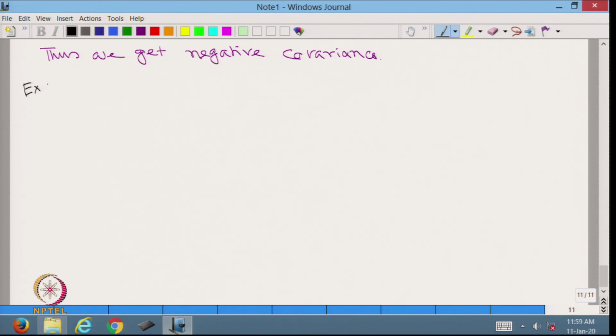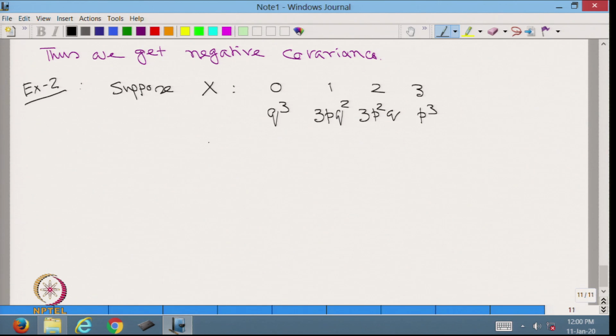Example 2. Suppose x takes values 0, 1, 2, 3 and their probabilities like before q cube, 3 p q square, 3 p square q and p cube. Let us assume corresponding values of y's are some constant k in all the 4 cases.